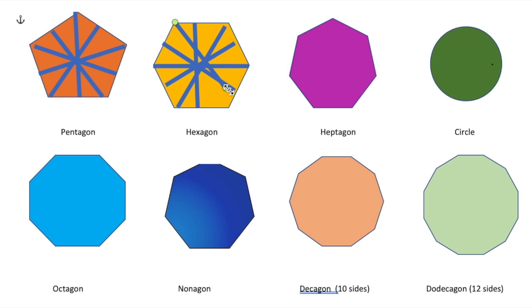And look at that. That is 6 lines of symmetry. And we can see again, this has 1, 2, 3, 4, 5, 6 points or vertices and 6 lines of symmetry.